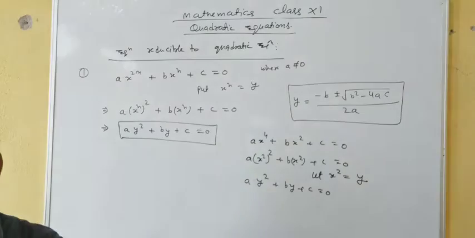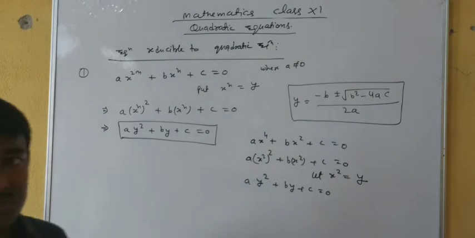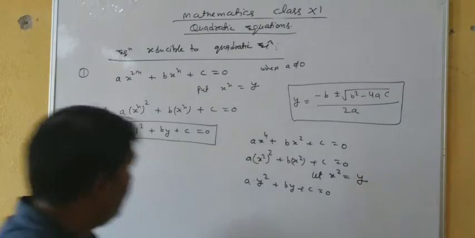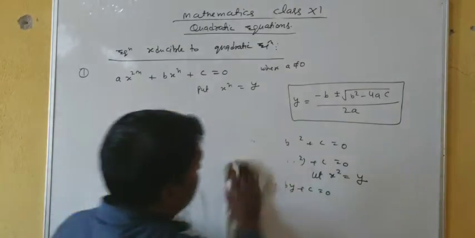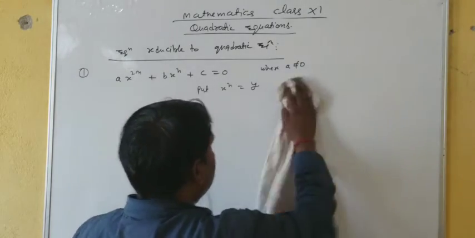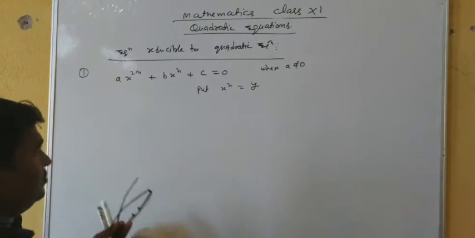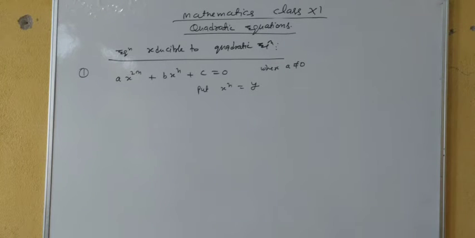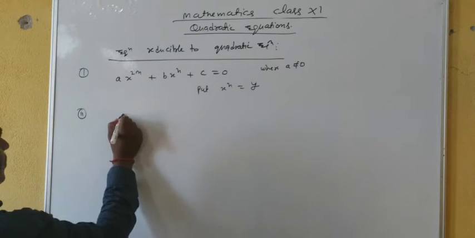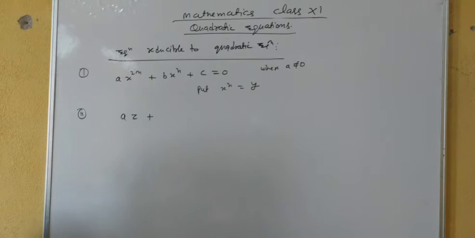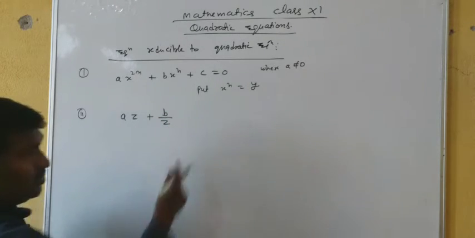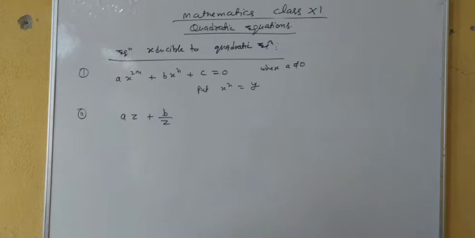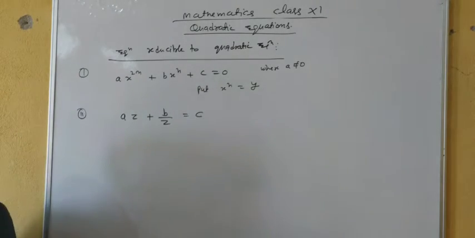Okay. Now another form which can be reduced to a quadratic equation. The second form is a into z plus b by z is equal to c, where a, b, c are constants.